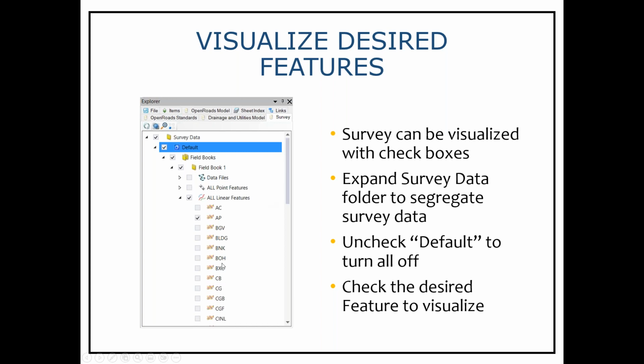Okay, so that's how you can visualize. You just expand the data to segregate survey data, uncheck the default to turn it all off, check the desired feature to visualize, and do the opposite to turn everything back on. Uncheck the default and check it, then check it back on, and we'll revisualize everything.